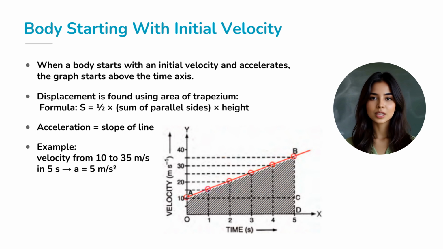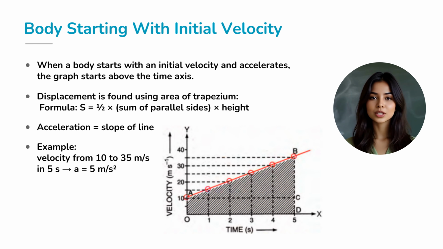Sometimes, an object doesn't start from rest, it's already moving. In that case, the velocity-time graph doesn't start at the origin. Instead, it begins somewhere above the x-axis, showing the initial velocity. If the object then accelerates uniformly, the line inclines upwards. To find displacement here, we calculate the area of a trapezium. The formula is 1/2 into sum of parallel sides into height.